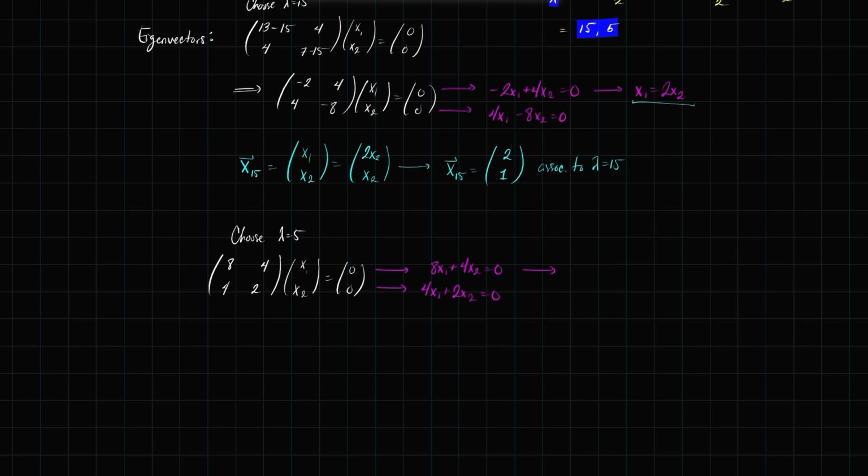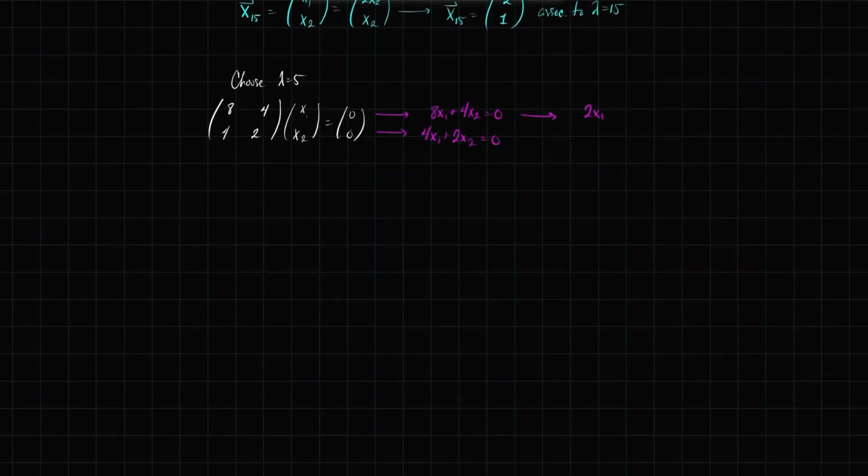Either one can let me write x2 in terms of x1. Negative 2 copies of x1 is equal to x2. So that's my relationship. I can write that the eigenvector corresponding to 5 is x1, x2, but I know x2 in terms of x1, it's negative 2 copies of x1. Or if I let x1 be equal to 1, I have that the eigenvector corresponding to 5 is 1, negative 2.